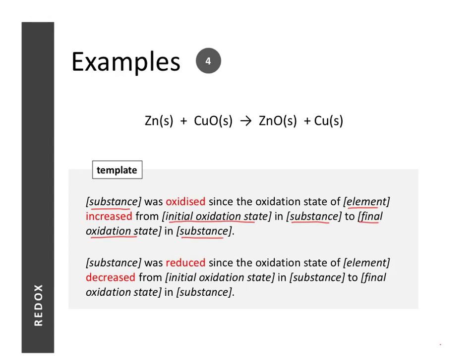If you follow closely to this template, you will be able to get full credit for such questions. Otherwise, if you miss out anything, for example, if you don't write the oxidation states or the compounds, then you run the risk of losing marks for such questions.